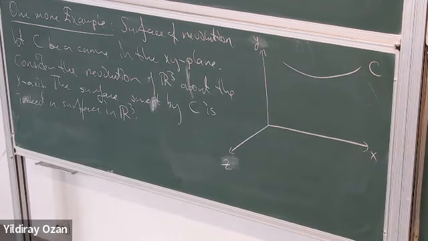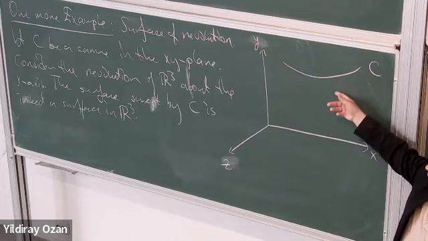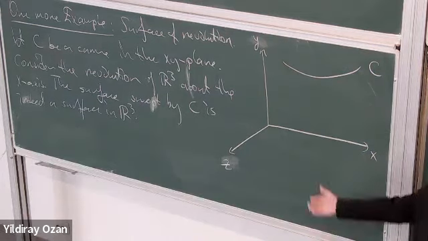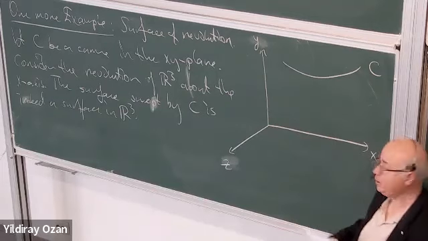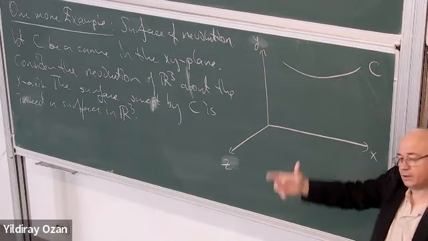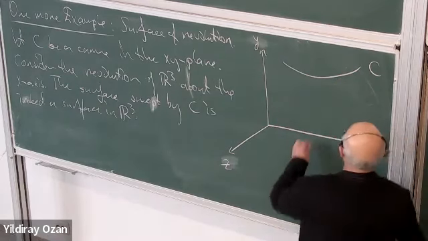What is my surface? I take this curve and rotate about the x-axis. I rotate the whole of R3 about the x-axis. Then this curve will sweep a surface, something like this.